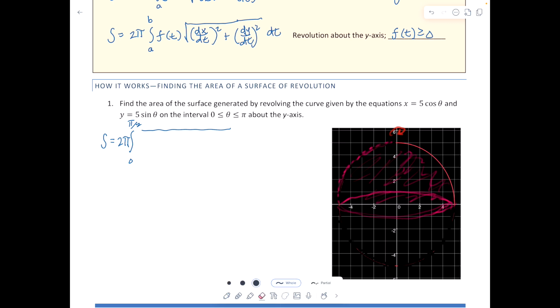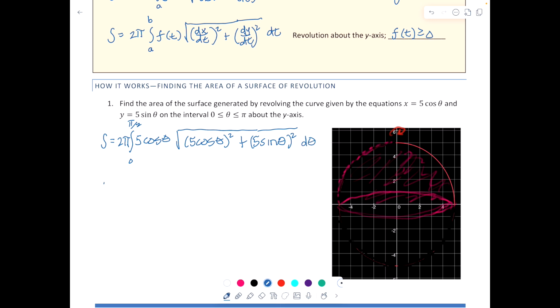F at t is first, and f at t is 5 cosine theta. So we'll have 5 cosine theta times the square root of 5 cosine theta, the quantity squared, plus 5 sine theta, the quantity squared, d theta. Good so far?